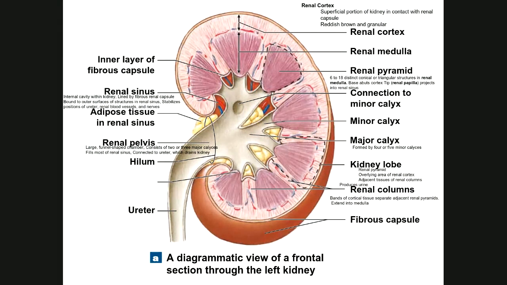The renal sinus is this internal renal cavity, which is lined by the fibrous renal capsule, and it plays a role in stabilizing the ureter position, and also the blood vessels and nerves. We can see here some blood vessels, red and blue.